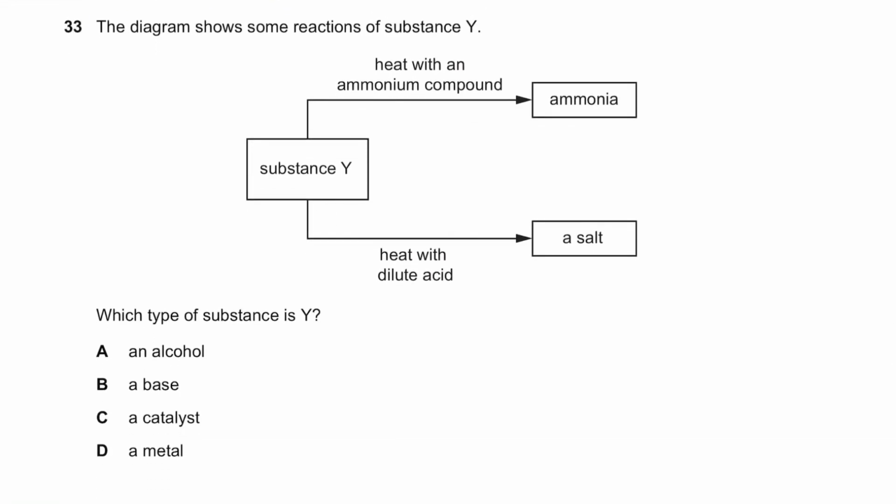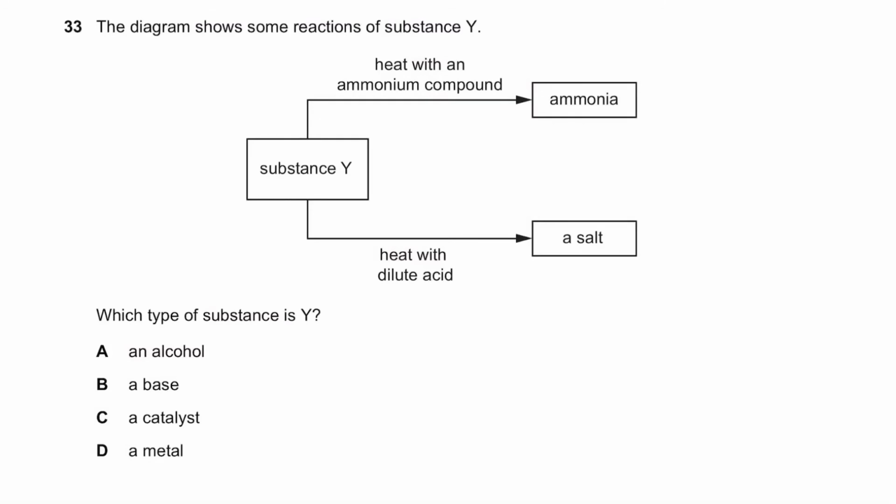Question 33. The diagram shows some reactions of substance Y. When it's heated with an ammonium compound, it forms ammonia. When it's heated with dilute acid, it forms a salt. Which type of substance is Y? This type of question is simple if you know the answer, but can be impossible if you have no idea on this topic.